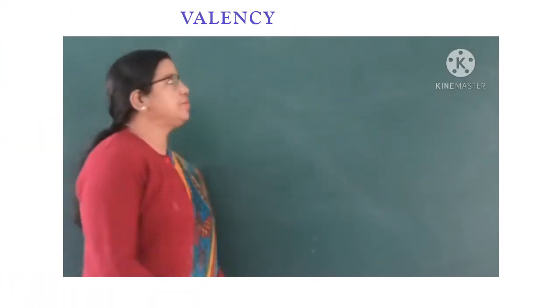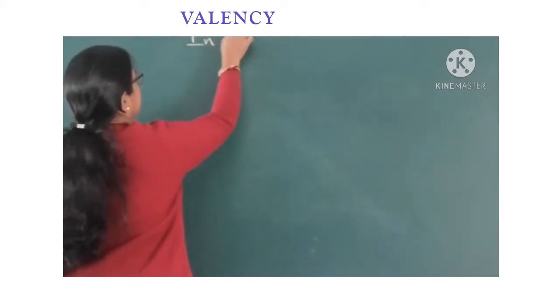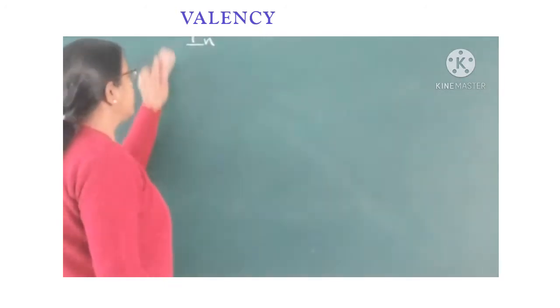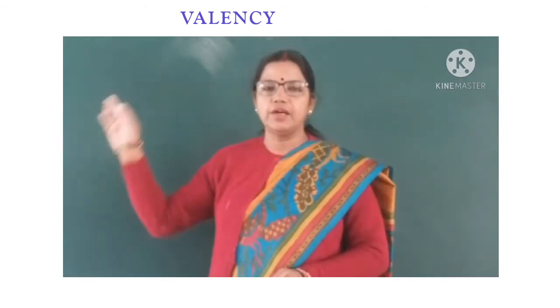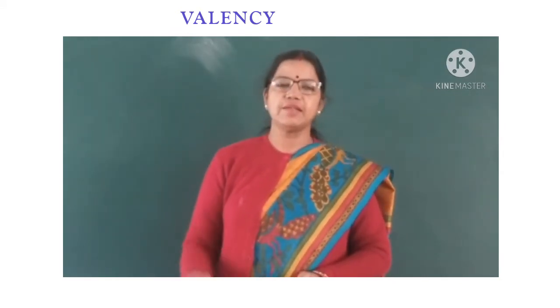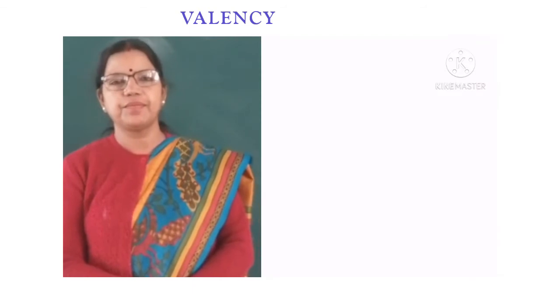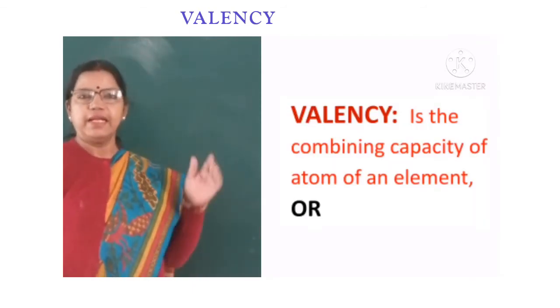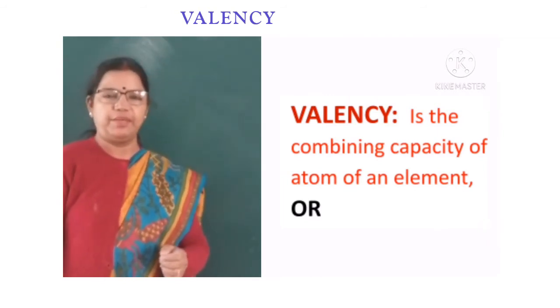The next property is valency. How does the valency change in a group or in a period? Before explaining the relation of valencies in a group and in a period, let us discuss what valency is. How can you define valency? Valency is the combining capacity of an atom of an element.